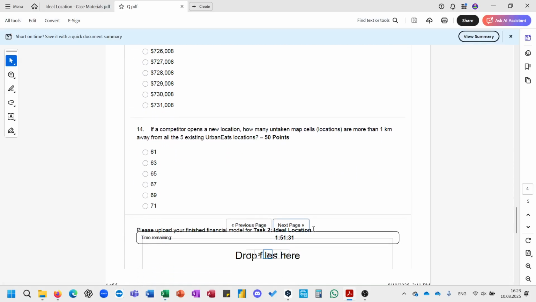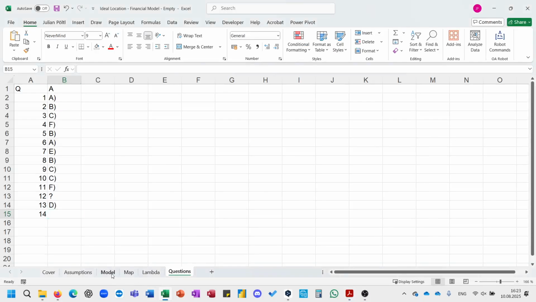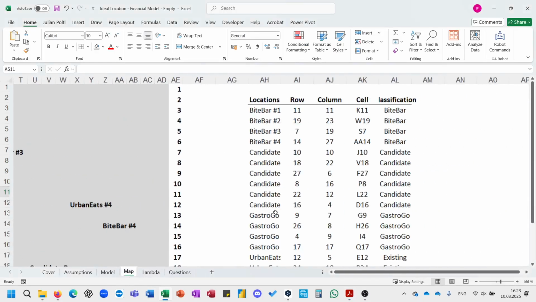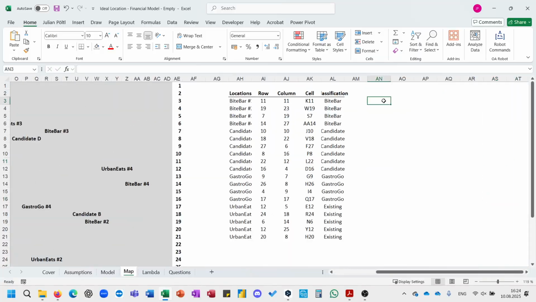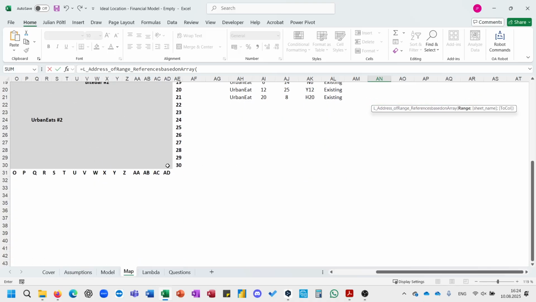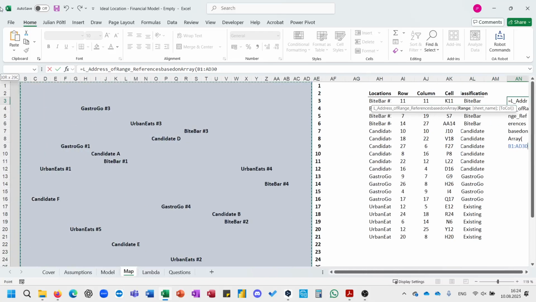Now a question besides the model. If a competitor opens a new location, how many untaken map cells are more than 1 kilometer away from the 5 existing Urban Eats locations? So let's go to the map. I want all the cells with one of my LAMBDAs.